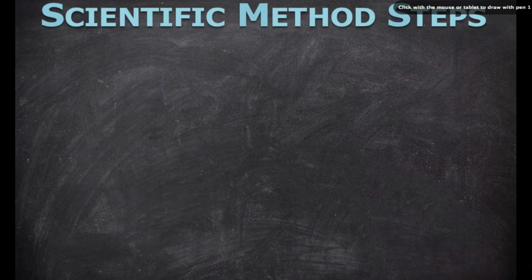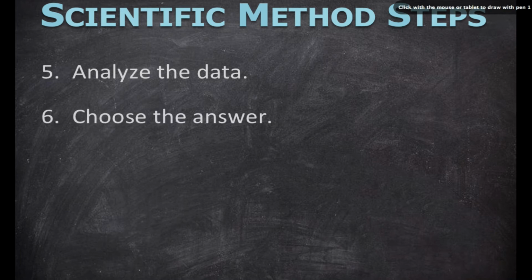All right, next step, number 5, you're going to analyze the data, and that means you're going to determine what the data reveals about your problem. Number 6, you're going to choose the answer. In other words, what solution does your data point to? If the data implies a conclusion different from your hypothesis, that's when you're going to revise your hypothesis and do the experiment again.